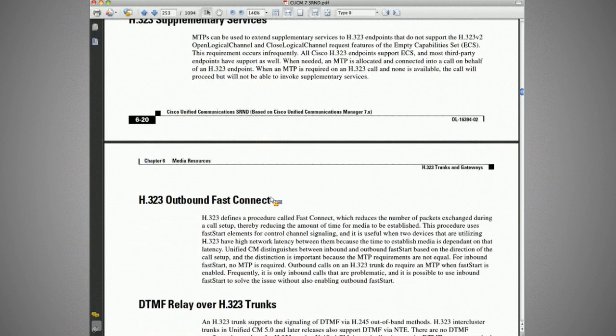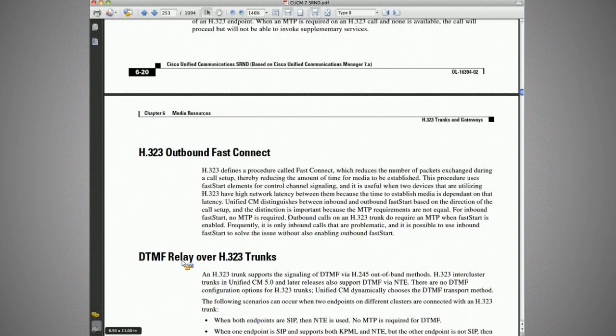If we're using outbound fast connect, just like if we're doing SIP early media, then an MTP is required. However, for inbound fast start, just like with a SIP early media invite to us, the CUCM, we do not need an MTP.